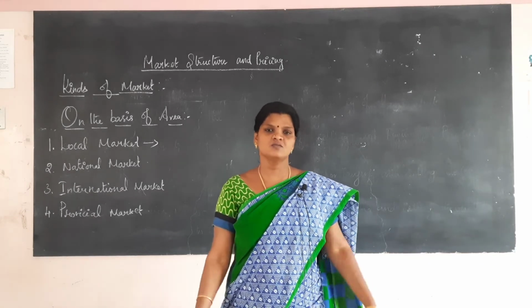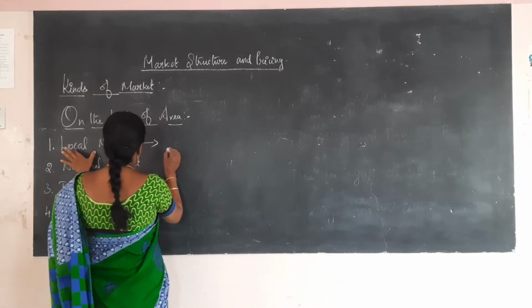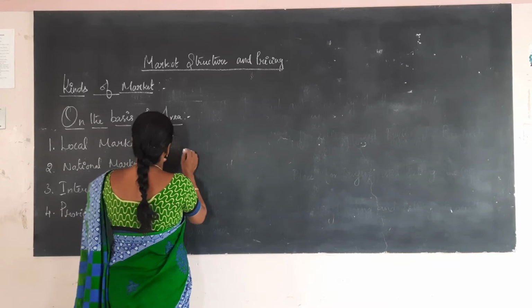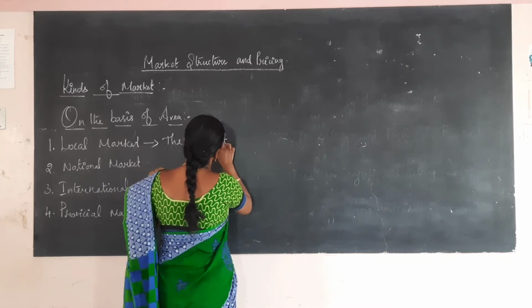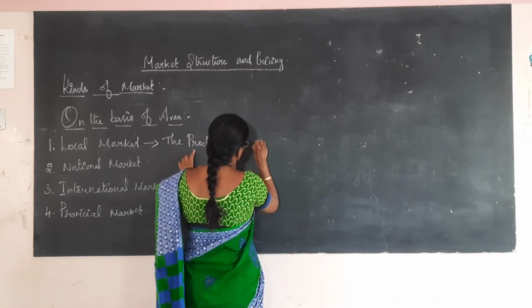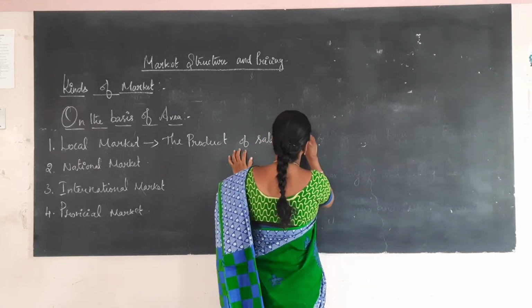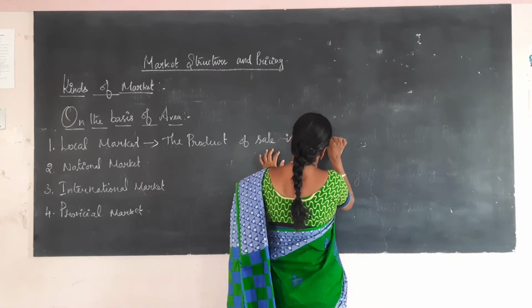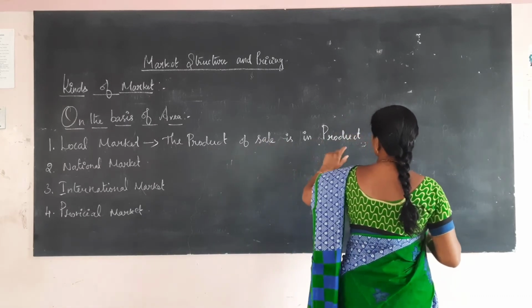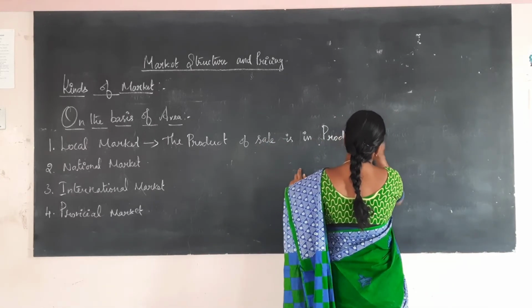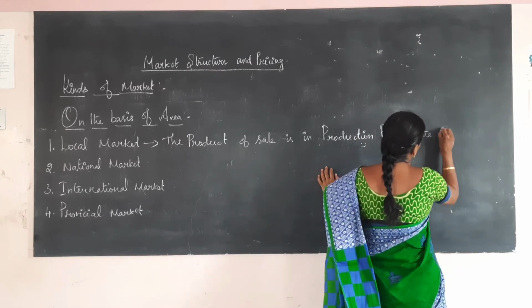The product sold in the production place of the commodity.